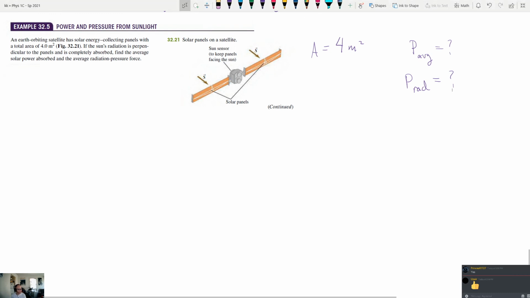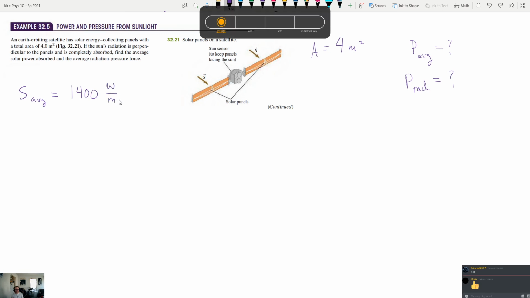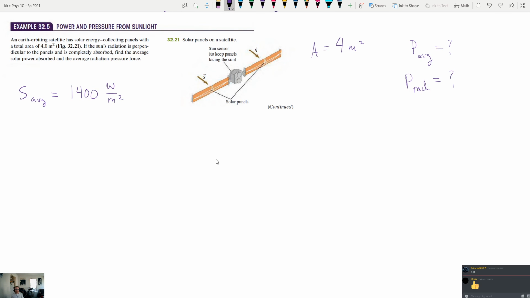Sorry, I don't know what we're using for the size of the radiation pressure. Yeah. So your book is using S average from the sun as equal to 1400 watts per meter squared. Pretty close to the number that I was using. And yeah, we want to calculate these things.